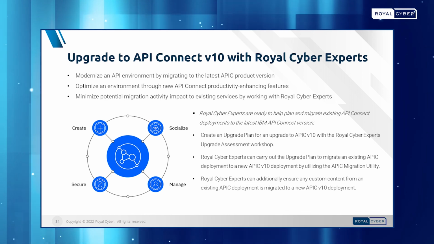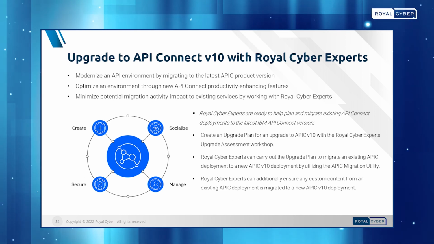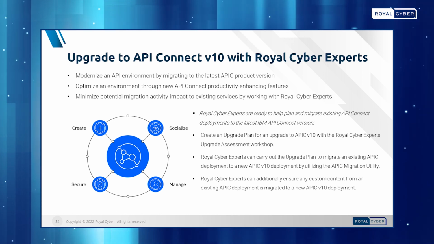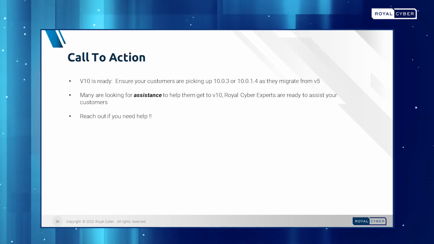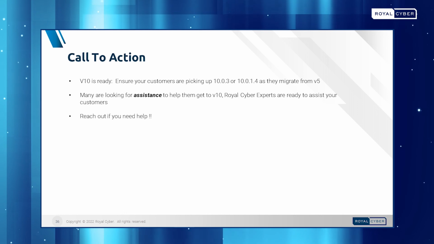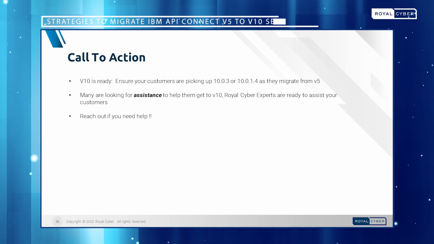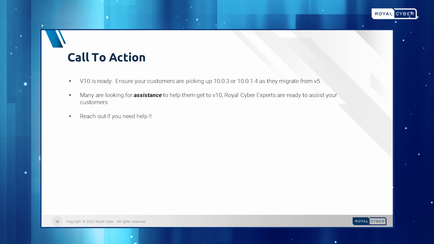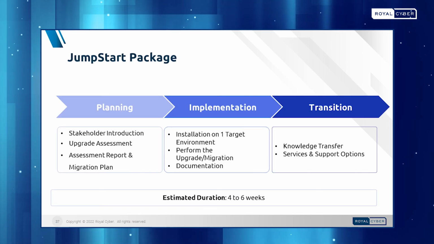We as Royal Cyber experts are ready to help plan and migrate existing API Connect deployments to the latest version. So, call to action: V10 is ready and has been here for a while now. Ensure that you are picking the latest, and we are looking forward to assisting you in that migration journey. Feel free to reach out to us if you need any help along those lines.